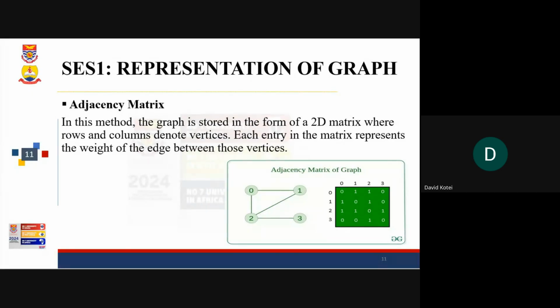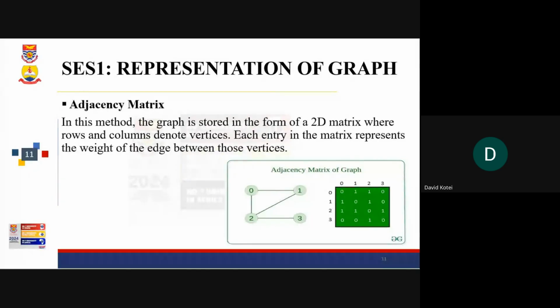Then from 1 to 1, there's no other link. Seth said there could be a situation whereby there's a loop; if there's a loop on the 0, then 1 and 1 will give you 1. But here there's no other connection to the 1. Therefore, with 1 and 1, there is 0.